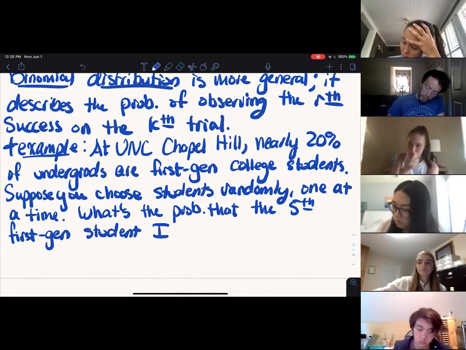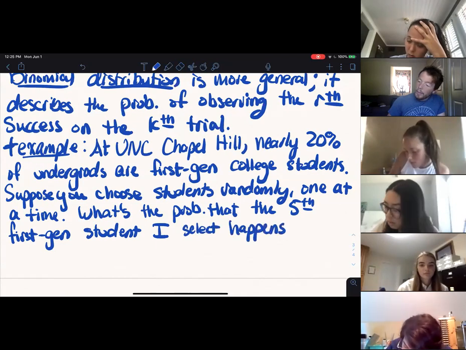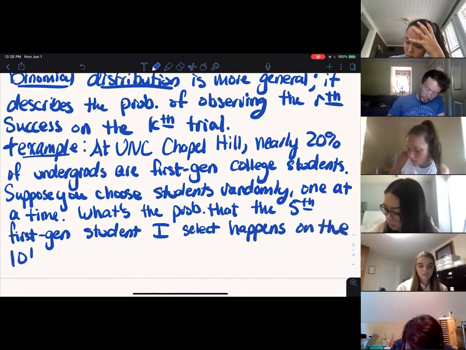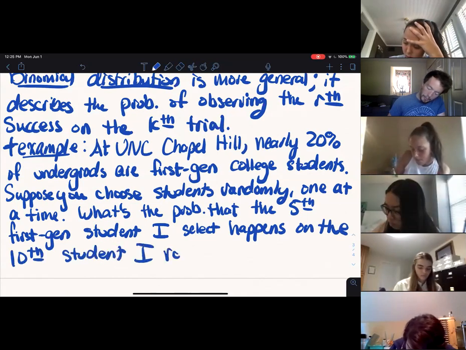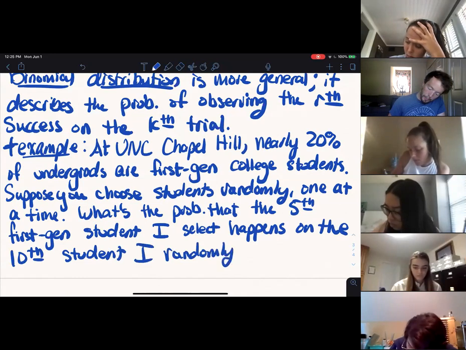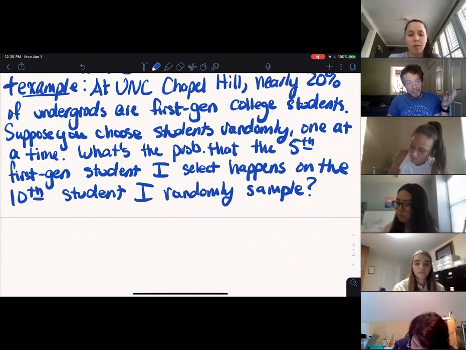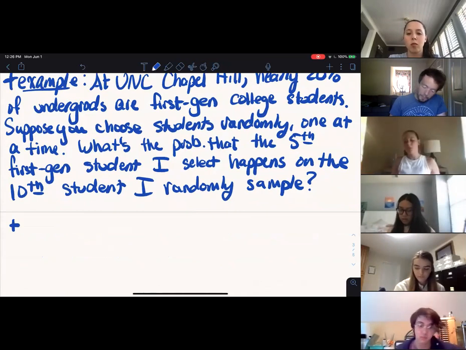The fifth first generation student I select happens on the 10th student I randomly sample. Right? So what is the probability that it takes me 10 trials before I select 5 first generation students? And just like all the other ones, there is a formula for this.